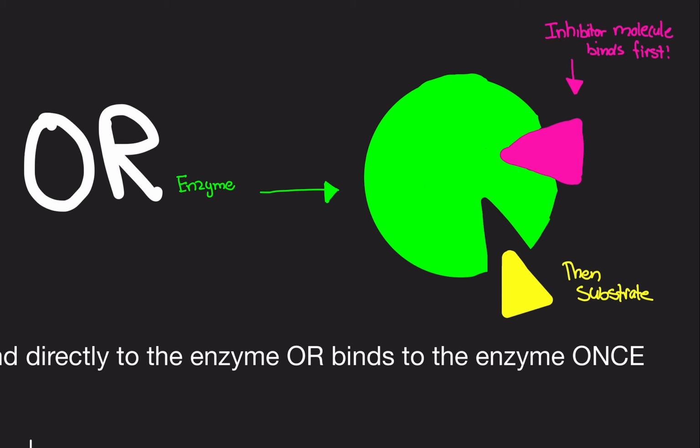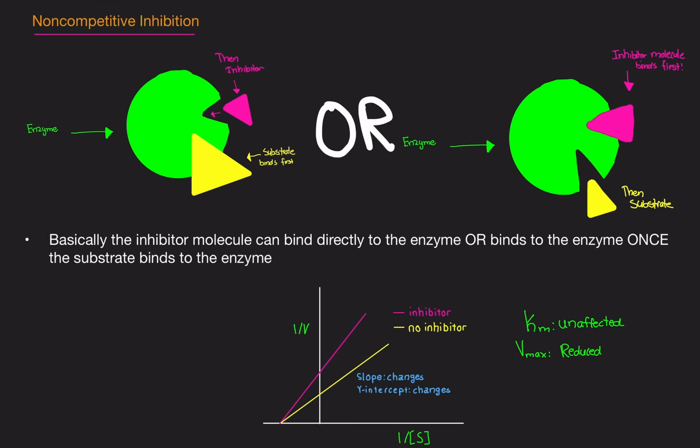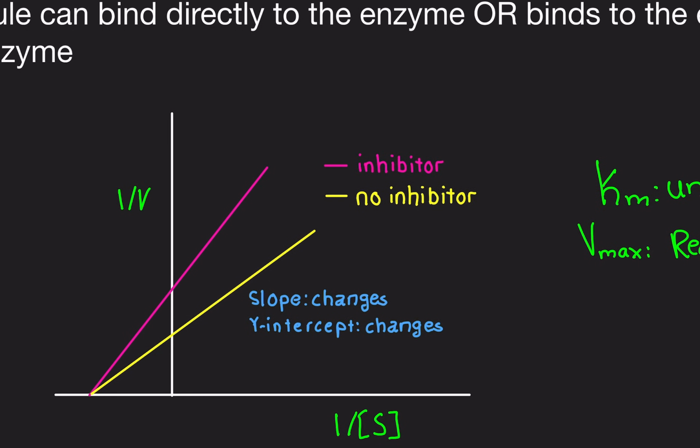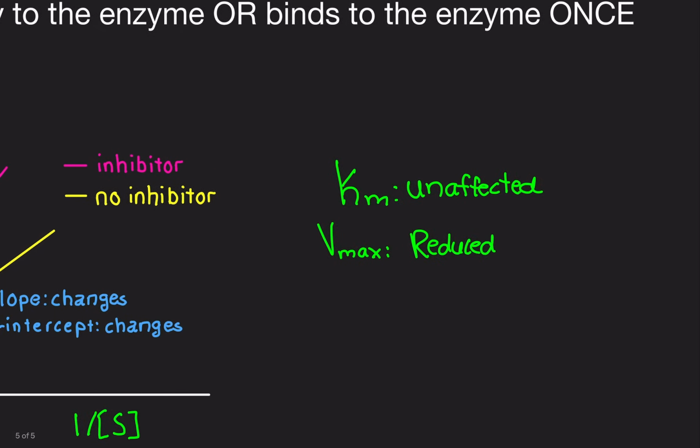So it's basically either or. The inhibitor can bind first, or the substrate can bind first. So non-competitive inhibition has a choice. And this causes the slope to change and the y-intercept to change. Now the Km is unaffected, but the Vmax is reduced.